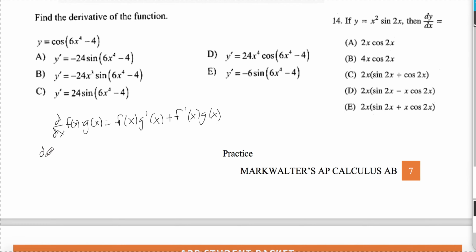And then our derivative of f of x over g of x, so the derivative of a function that is a quotient, is our classic low d high minus high d low. There the order does matter, all over the low function squared. All right, be on the lookout for those.